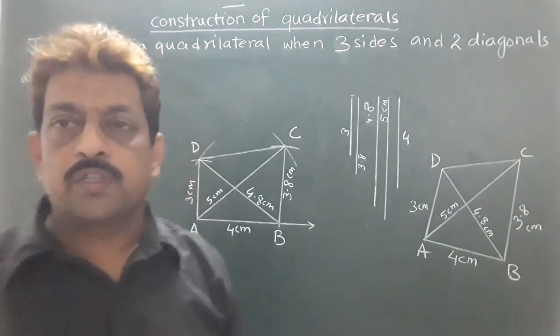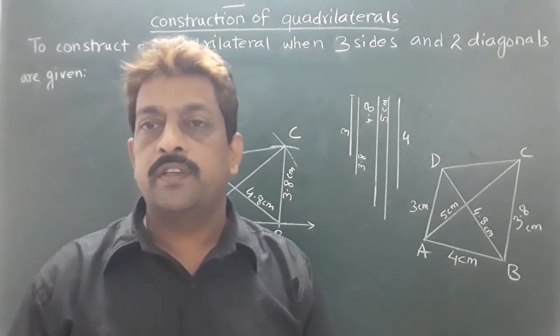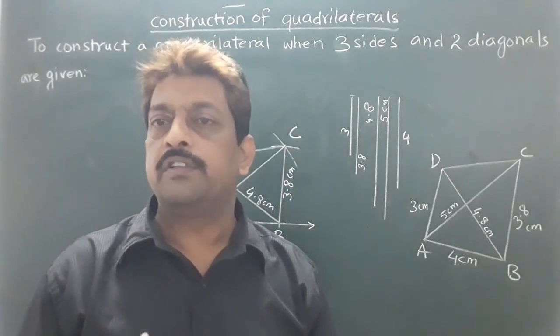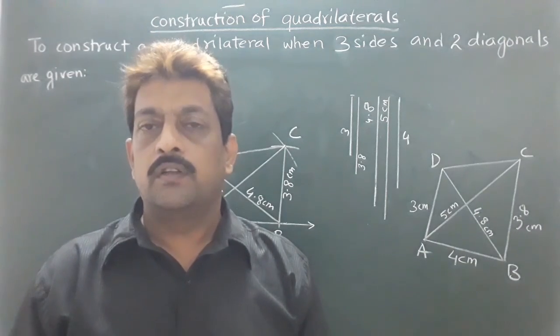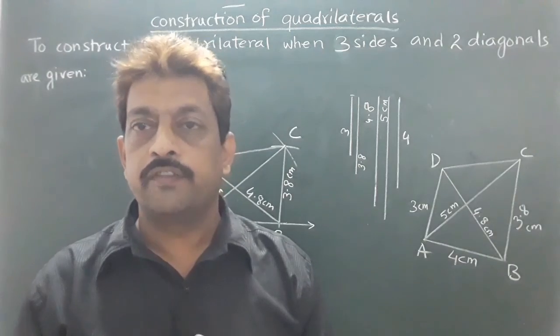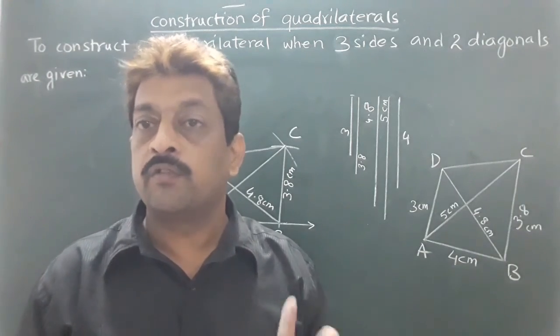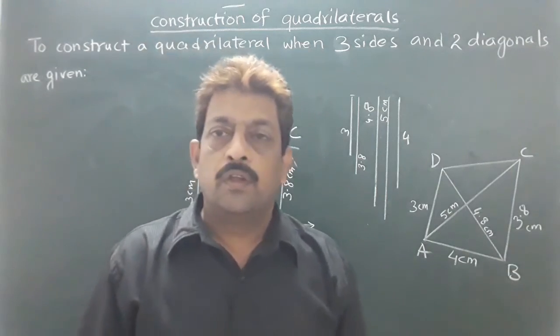So practice some more sums from your textbook and other books, and let us return for the next class, where I will show you some different types of construction of quadrilaterals where angles are also involved, means 4 sides and 1 angle, 3 sides and 2 angles, and so on.